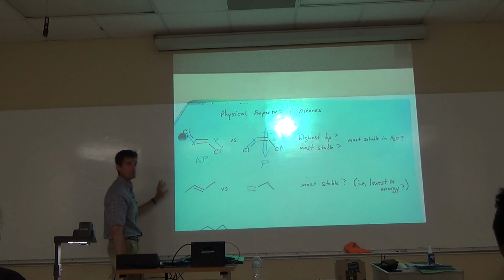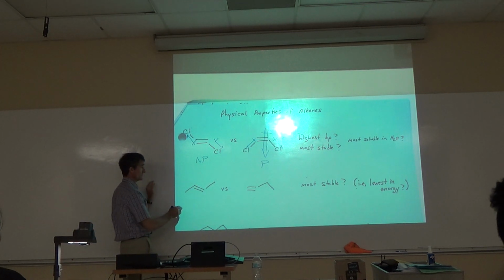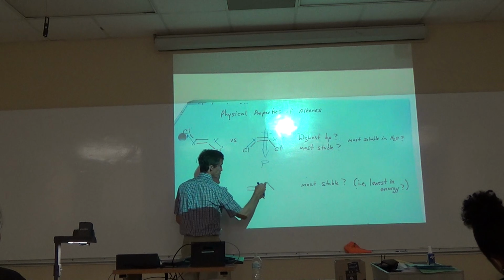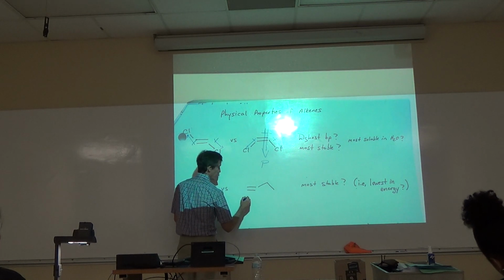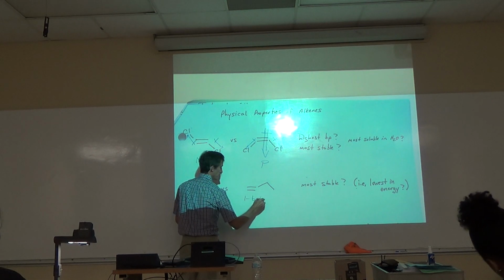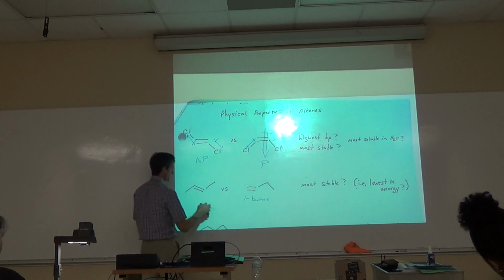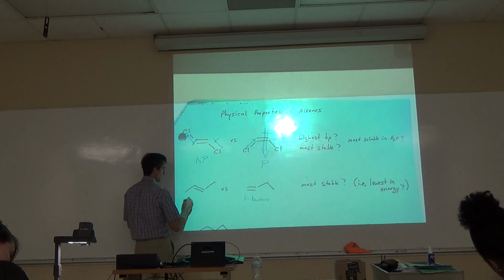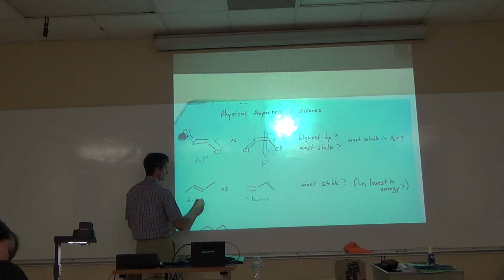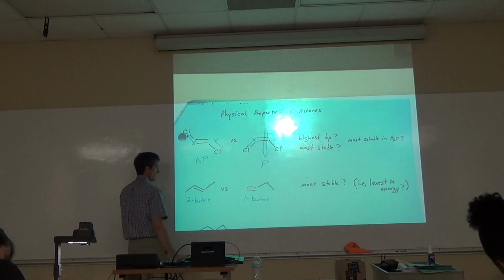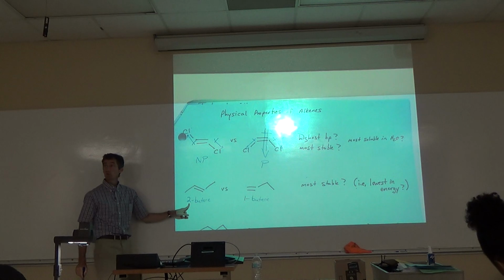And if you name these, nomenclature video, this is called 1, 2, 3, 4. The alkene is at the 1. This is 1-butene. This is what? This is called 2-butene. The 2 is the number indicating where the alkene is at.